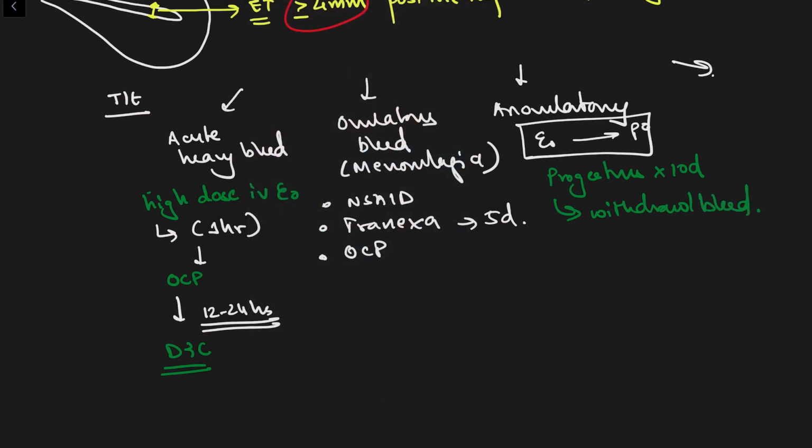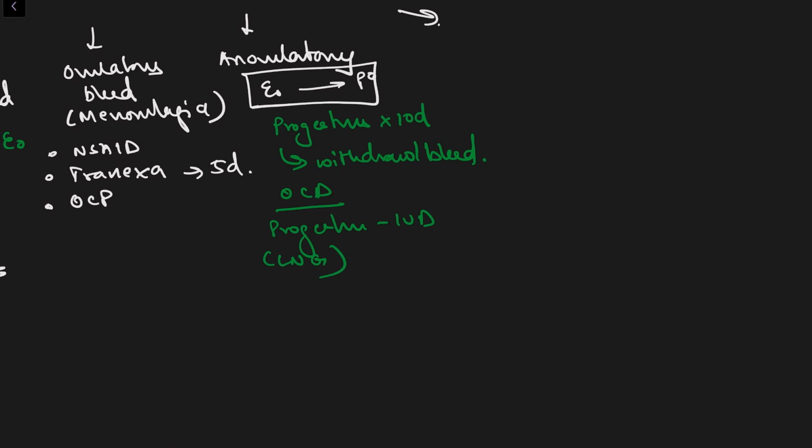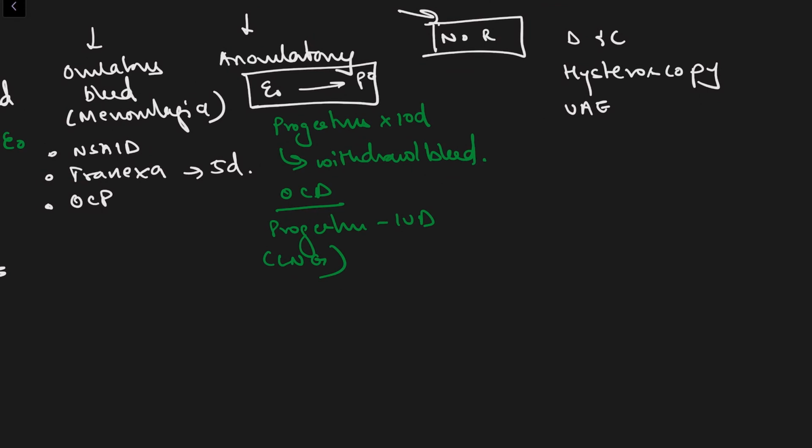We can also give progestin IUD, levonorgestrel containing IUD. If the medical management fails, no response, then we go in for D&C. We can do hysteroscopy to identify if there are any polyps, right, or if there are any indications to perform biopsy. And the patient can also undergo uterine artery embolization if fibroids are the cause of menorrhagia.